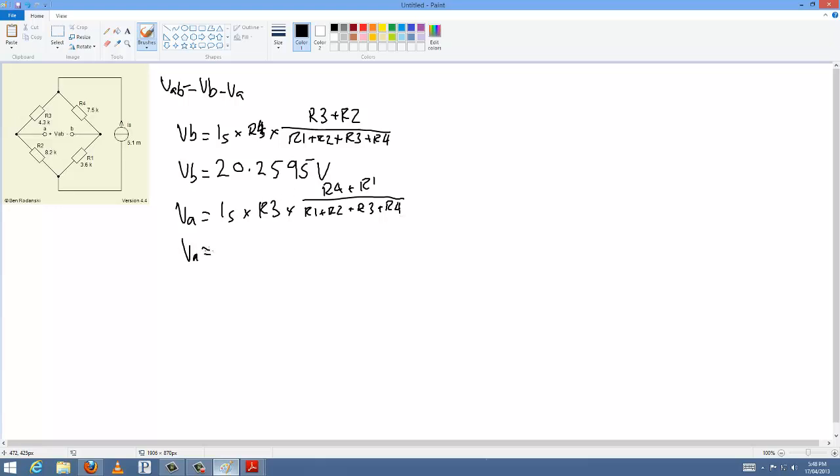VA equals times 300 plus the 600 divided by 100 plus the 500 plus the 600 plus 200 was 10.3145 volts.